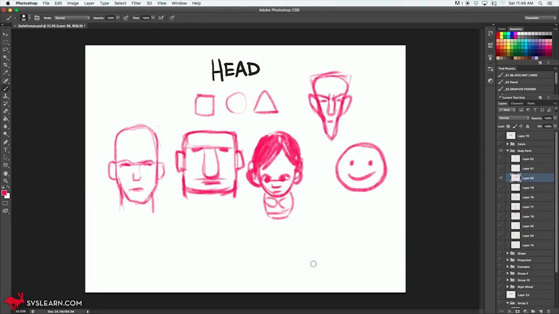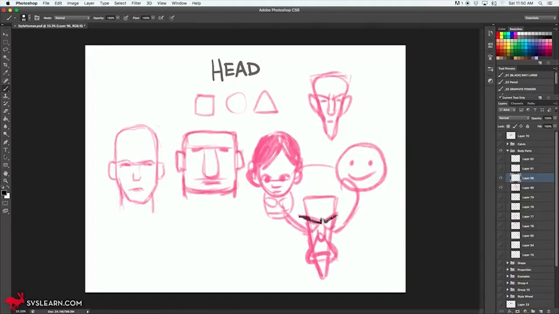If you think about the character Jafar from Aladdin, he's made up of all of these triangular shapes. So I'm mixing in triangles to this shape together, and I'm getting some really... let's add something over the top. This is getting fun. What happens when we do this?